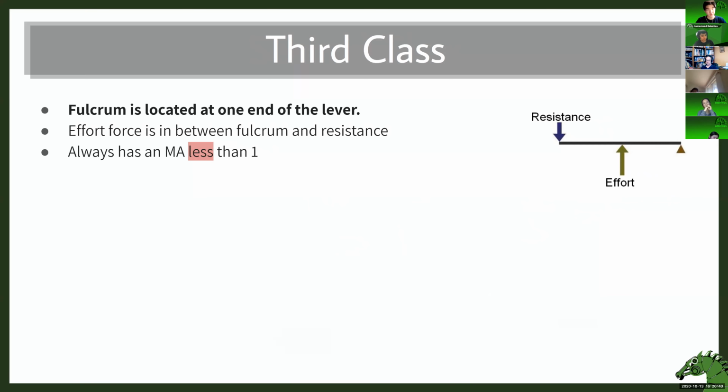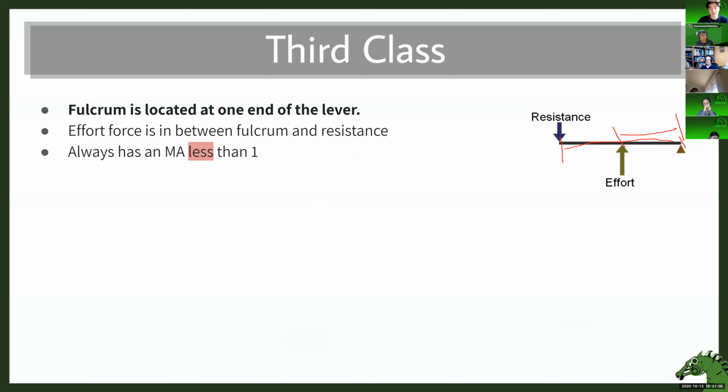So similar to the other one, this will always have a mechanical advantage less than 1. The second class lever has it always greater. This has always less than 1. For the same reason, just since the situation is different, the resistance has more leverage than the effort force. So it's going to have more torque.